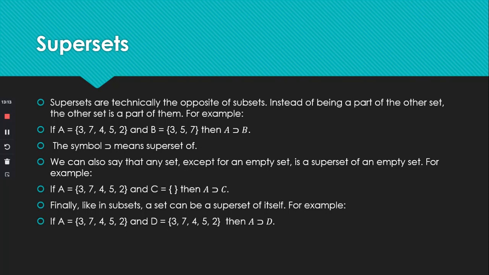For example, if A is equal to 37452 and D is equal to 37452, then A is a superset of D. So you can also say that a null set is a superset of itself. Any set is a superset of itself.